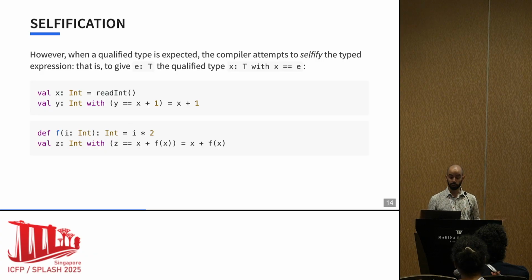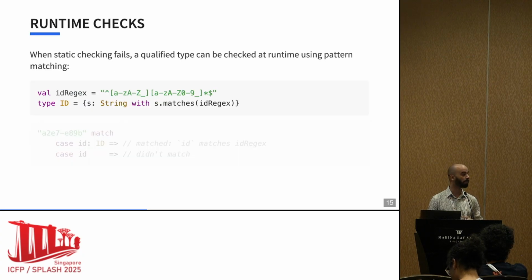Sometimes you still don't know exactly what the value is. Let's say I'm reading something from user input, for example. There is no way I can give it a precise type directly. So what can I do? I can do a runtime check. How do we do a runtime check in Scala? Well, we have pattern matching. So let's say I'm reading an ID and I want to make sure that it matches a specific regular expression.